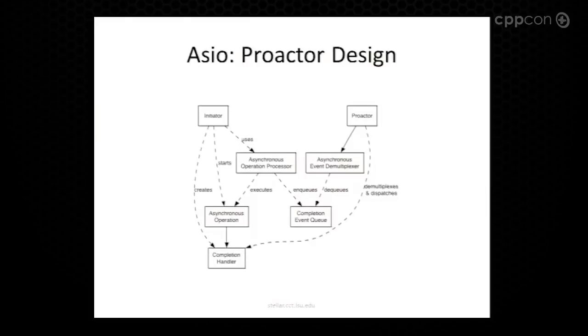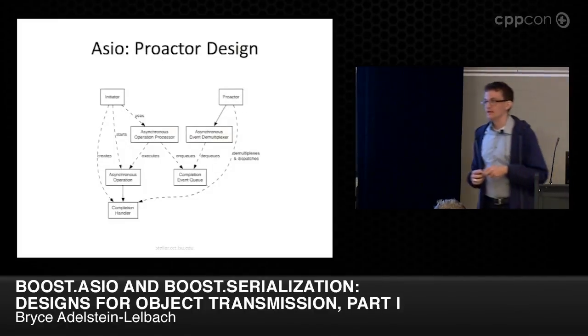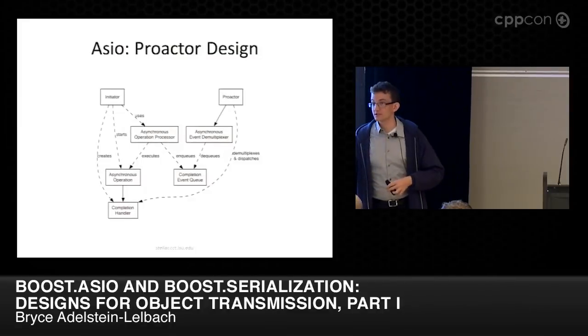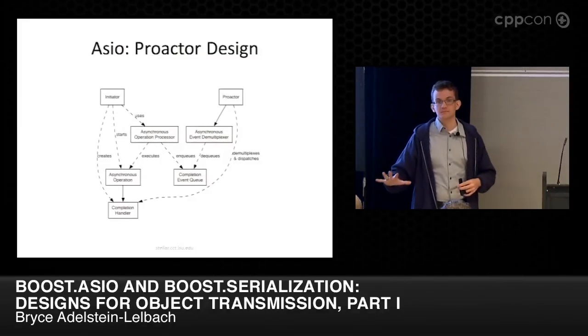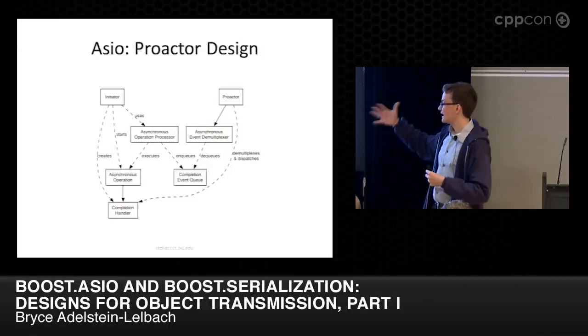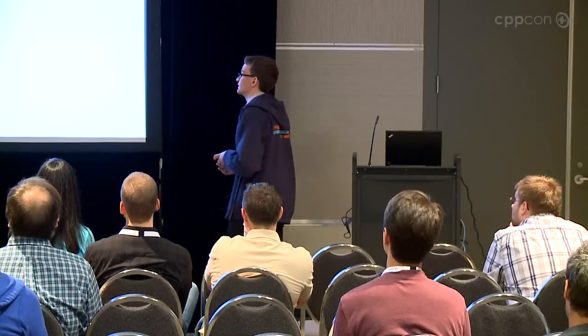All right, so this is a diagram of what the proactor model looks like. The short version is that it's a model of processing events. Anytime an event comes in, that is an asynchronous thing that we're dealing with, so each event is dealt with asynchronously. Instead of something like a reactive model where completion handlers are processed synchronously, in a proactor model the completion handlers are also asynchronous events.